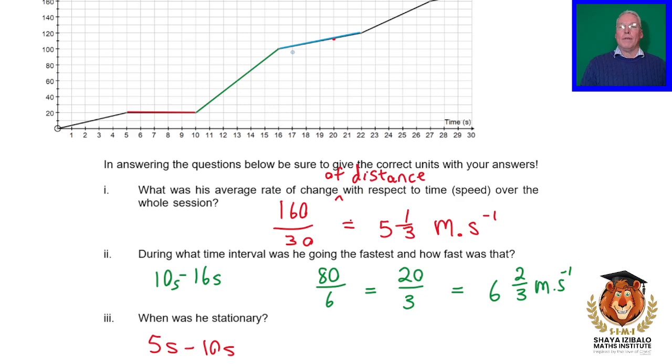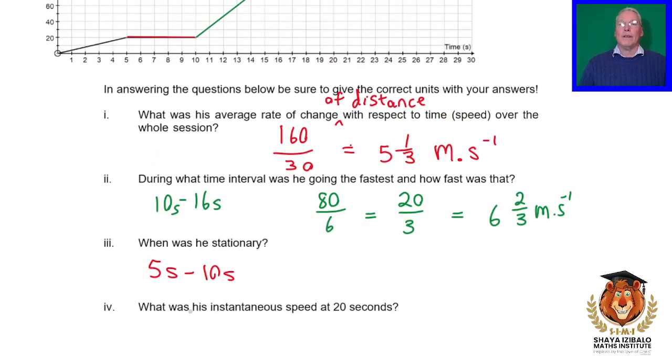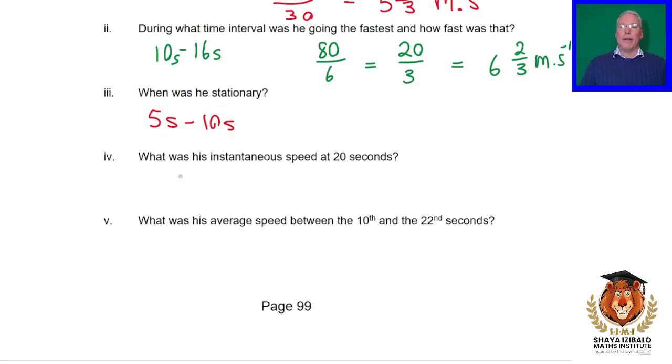That's 2 meters in a time of 16 to 22. 2 meters in 6 seconds.